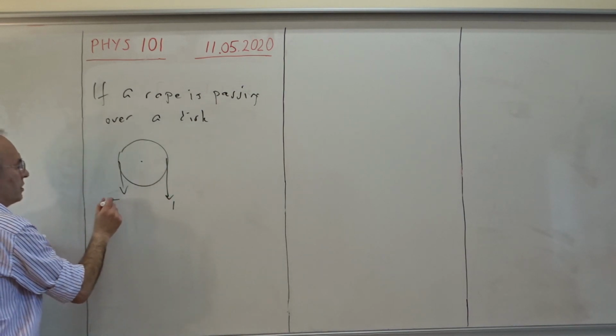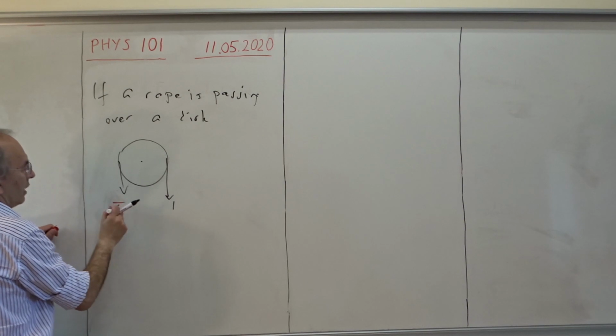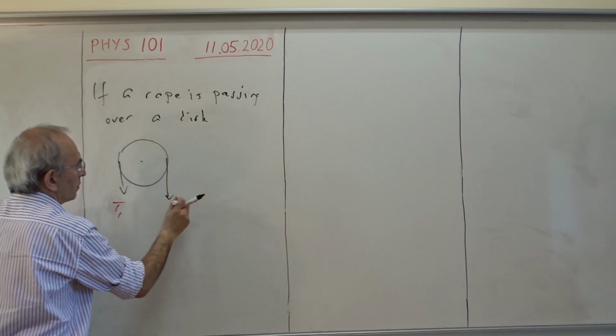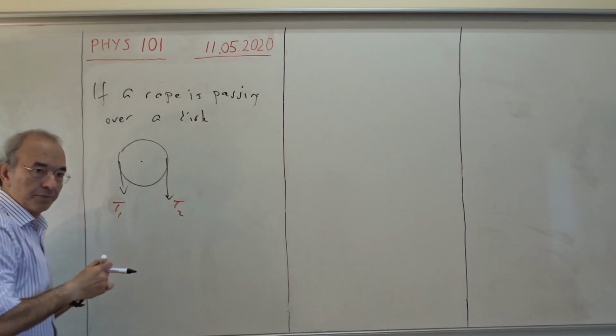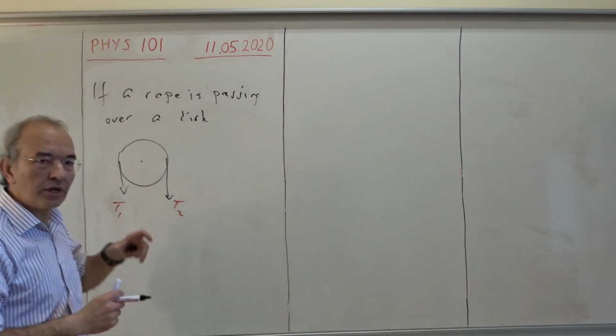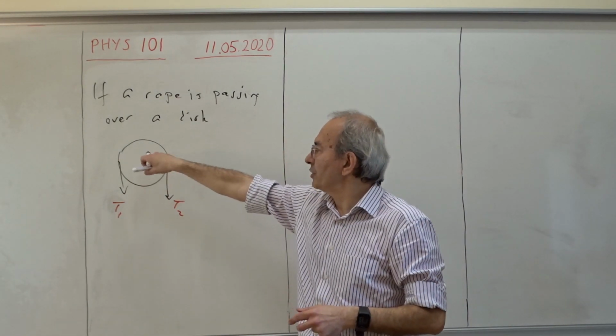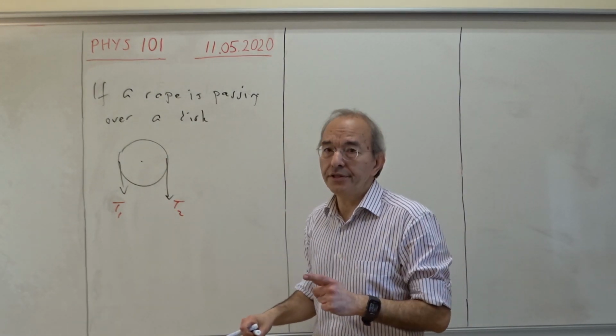Let's say this is F1, for instance. Tension T1, tension T2. For example, if you try to pull these ropes, the wheel is fixed, the disc is fixed, the pulley, so it can rotate around this fixed center.